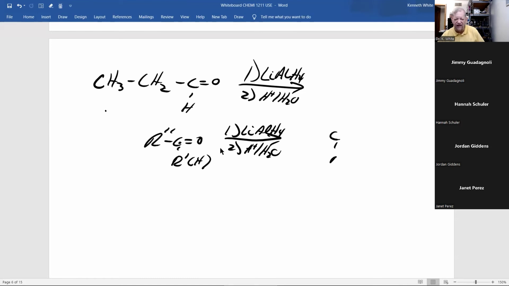What's attached to that, R prime or H, and R double prime is still there. You break the pi bond, and each atom gets a hydrogen. This is like hydrogenation, but this will not react with double bonds, carbon-carbon. And actually there are places where when you make certain steroids for medicine, you don't want to lose the double bond.